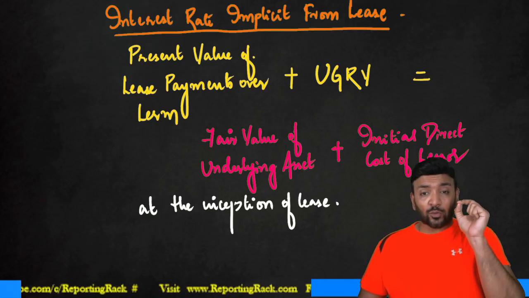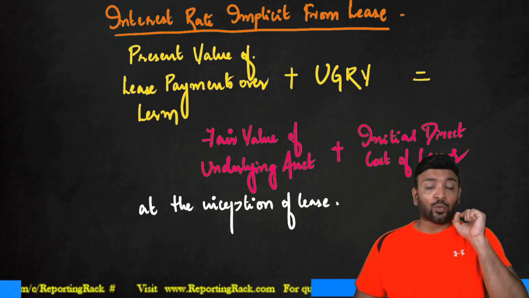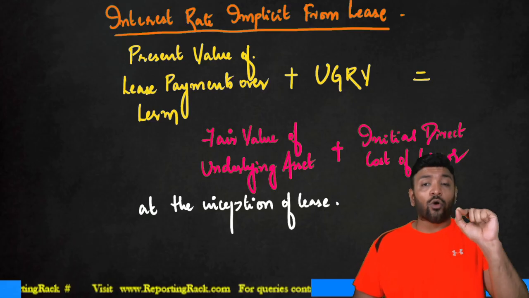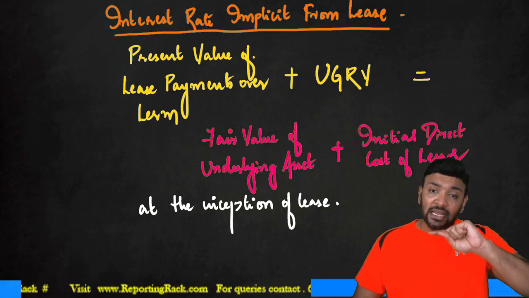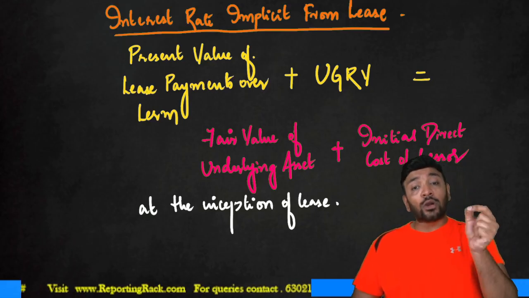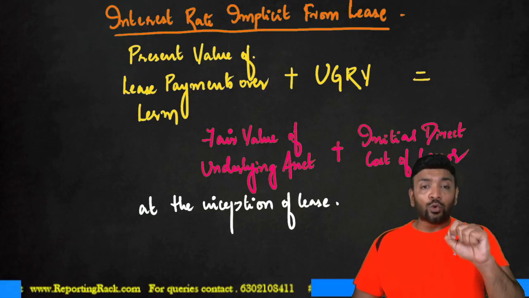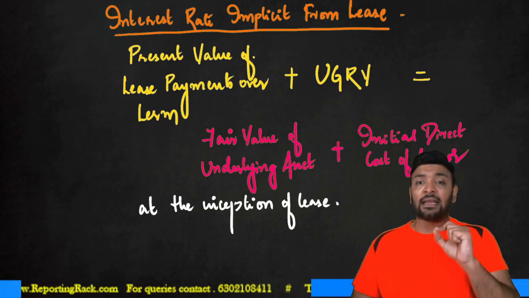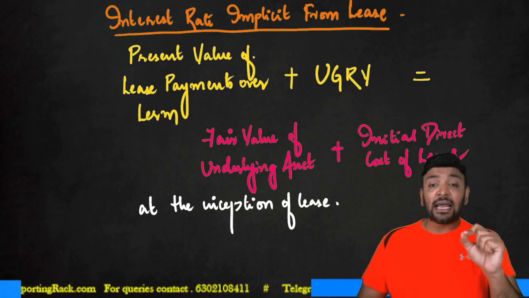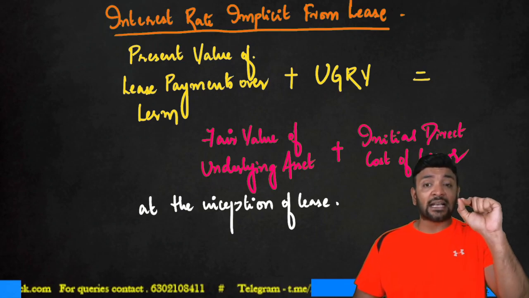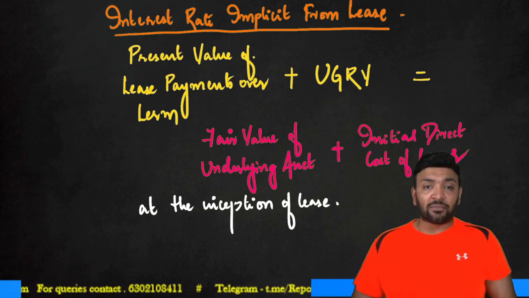The rate at which the present value of lease payments over the lease term paid by the lessee to the lessor together with the unguaranteed residual value is equal to the fair value of the underlying asset plus initial direct cost of the lessor should be considered as my interest rate implicit from lease.